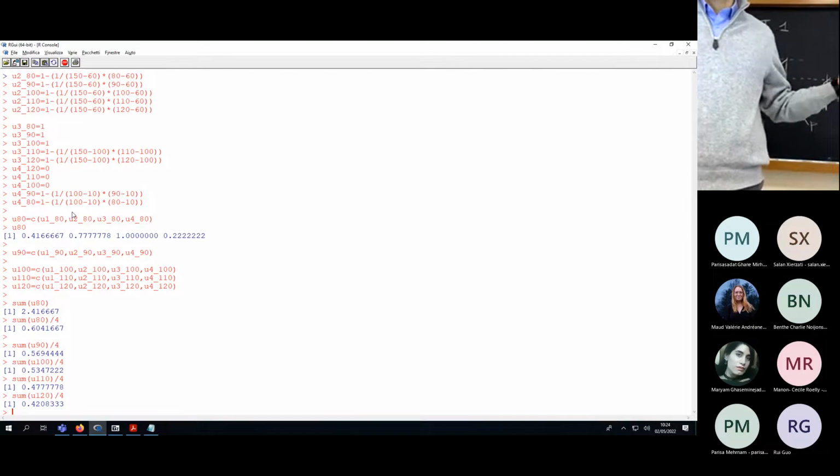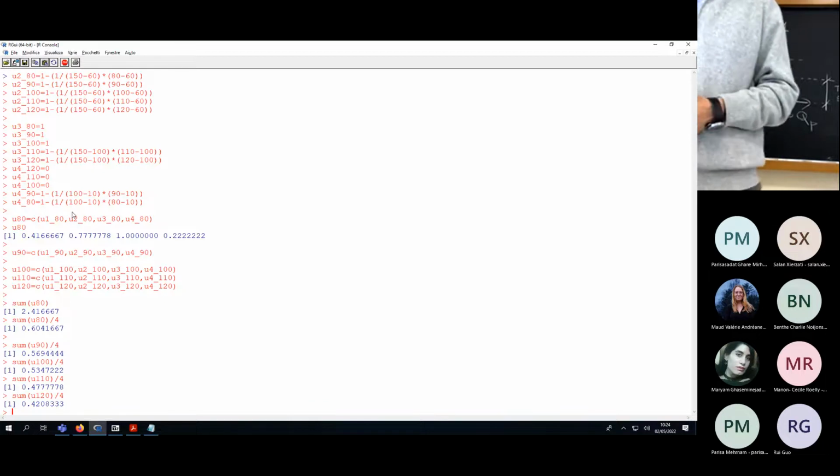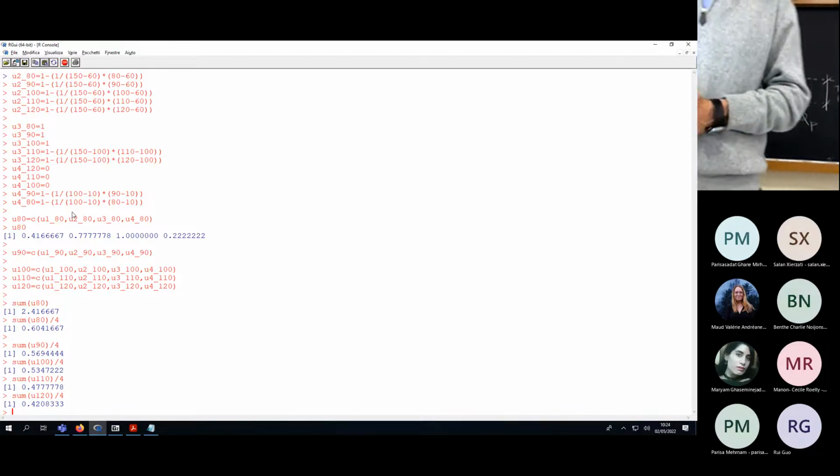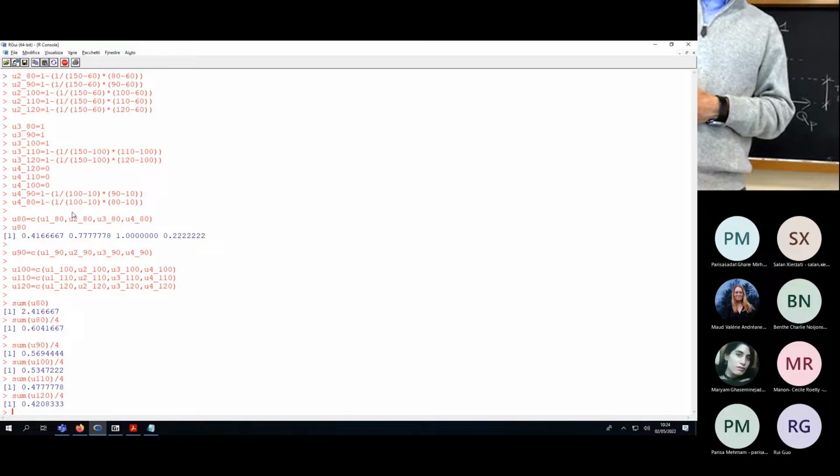Why? Because I am using utility functions that are linear and monotonic. They are not increasing or not decreasing functions, and therefore it's clear that once I start decreasing, this is what happens.